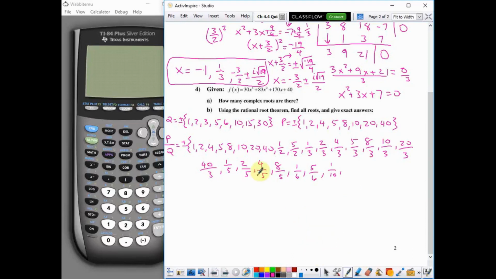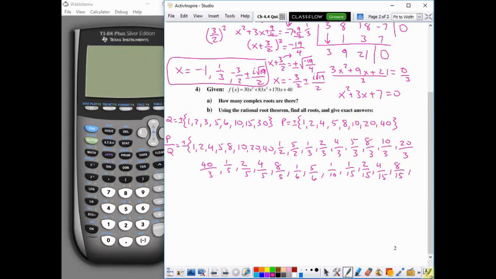Everything over 15. 1/15. 2/15, 3/15, 4/15. 5/15 is 1/3. 8/15. 10/15, that's 2/3. 20/15, I believe we also have.